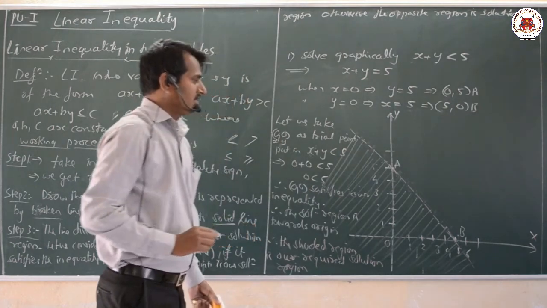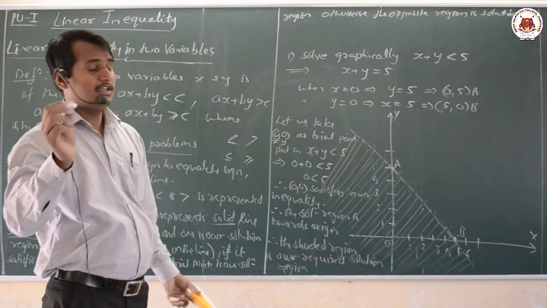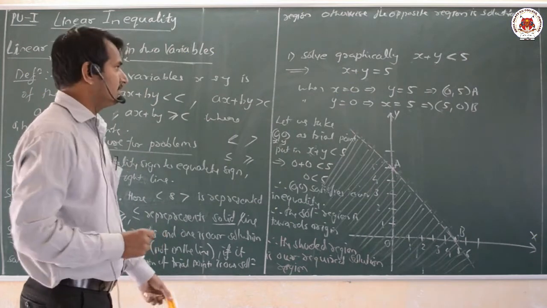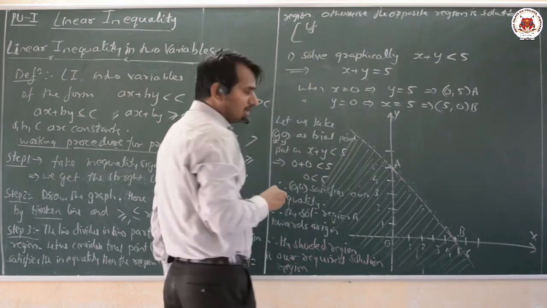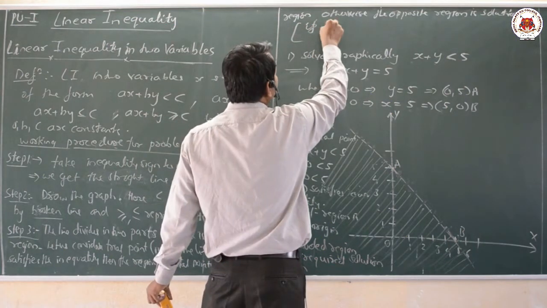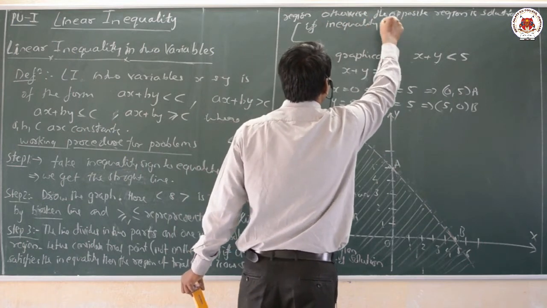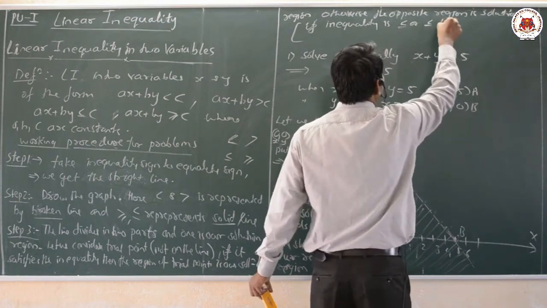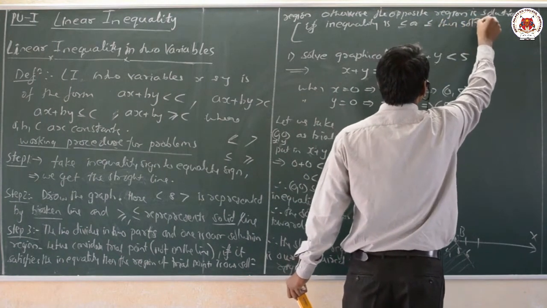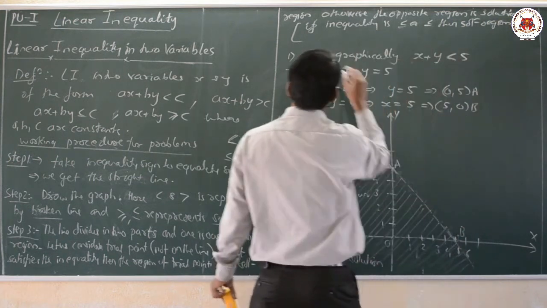Now dear students, that is all about our required problem. Now one more shortcut thing I will explain regarding this third step. That is the shortcut method. If the inequality is less than or less than or equal to, then the solution region is towards the origin.